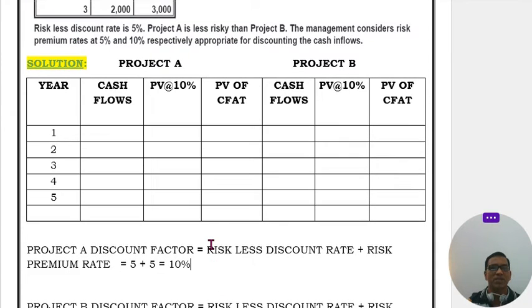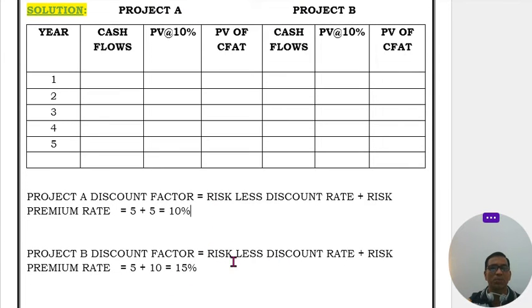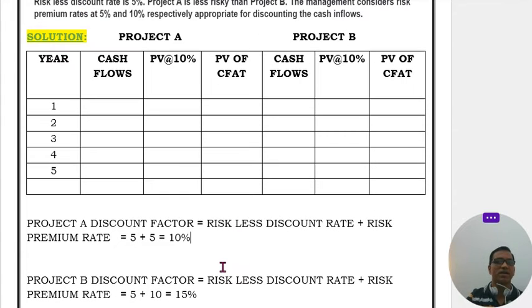For project B, riskless discount rate already 5% plus risk premium rate 10, so 15%. So for project A we take 10%, and for project B we take 15%. Table values, present value of rupee, will be taken from 15%. That is the important thing in this question.